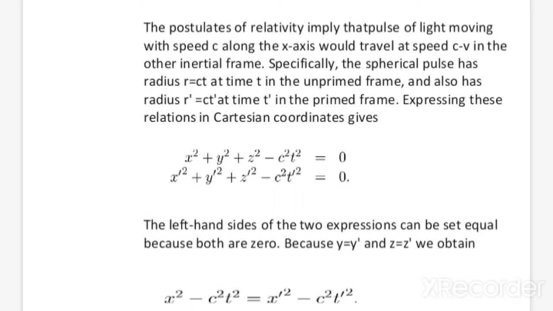The left hand sides of both the equations are different, but the right hand side is 0. So by comparing both, we get the equation x square minus c square t square is equal to x dash square minus c square t dash square.